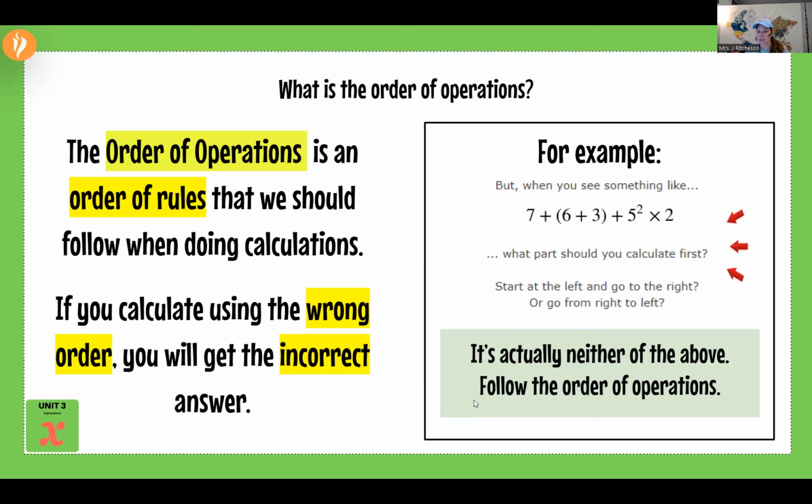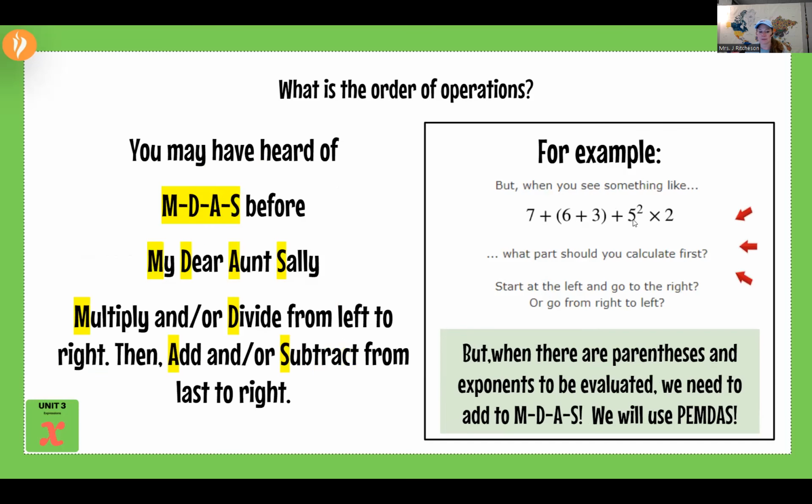So according to please excuse my dear Aunt Sally, you would take care of parentheses first. Then after you add 6 and 3, you would take care of our exponents. So 5 squared is 25. Before you're allowed to add, you would have to multiply 25 times 2, which is 50. And then the very last step would be to add whatever is left.